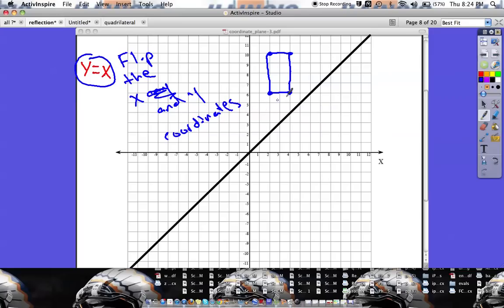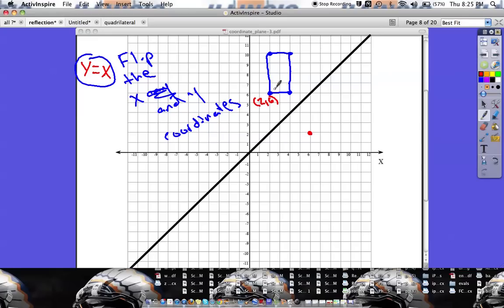Now here's what I mean. If we come to this point right here, this point is 2, 6. So on the other side is going to be the exact opposite of this, 6, 2, flipping the coordinates. So 6, 2, that one's going to be right there.